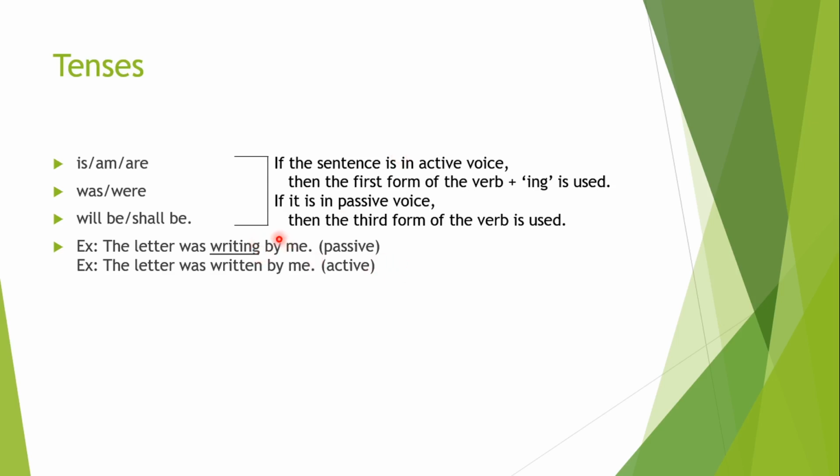But as it is a passive voice, in place of "writing" we have to use the third form of the verb. The third form of write is written. So it should be "The letter was written by me." In this way, you have to check the correct form of the tenses.